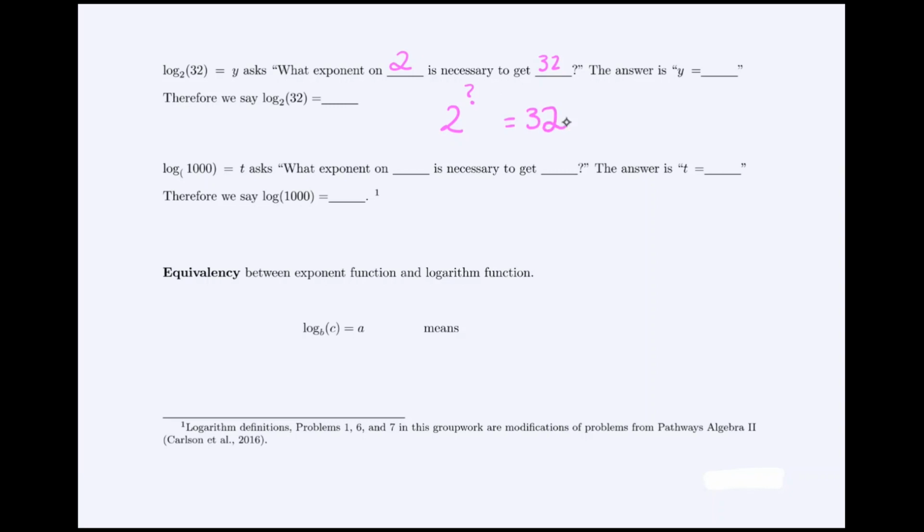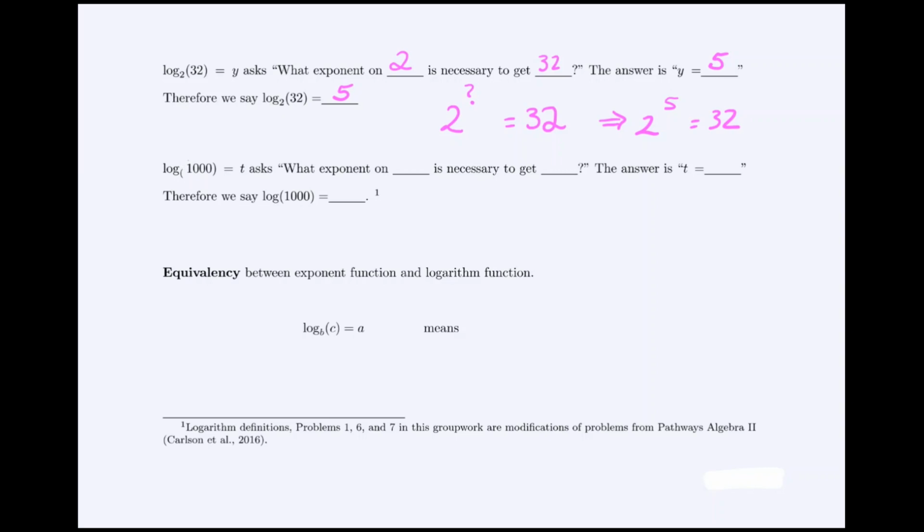As we think through the powers of 2, we would realize that is 2 to the 5th power. So the value of the logarithm, log base 2 of 32, is equal to 5. We want to keep in mind that logarithms are asking us what power we must raise the base to in order to get the value of the input.